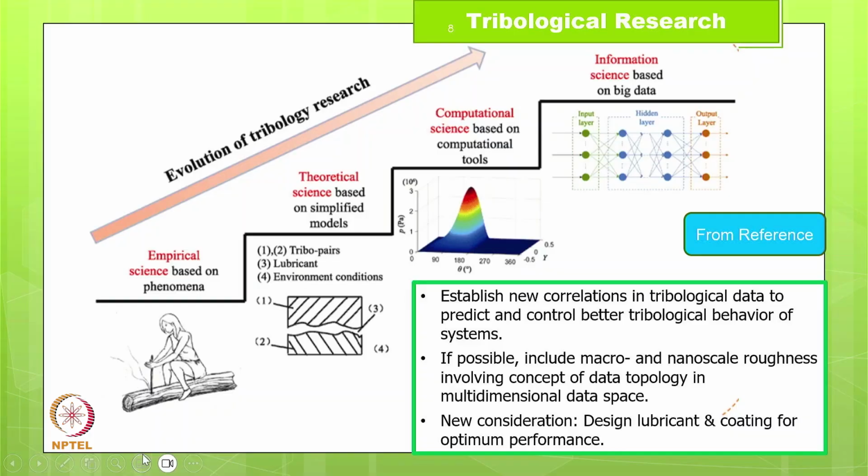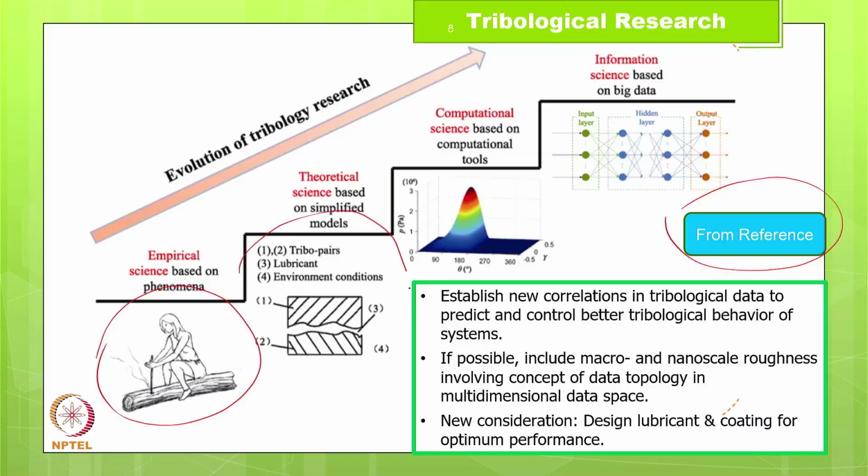Now, again, I picked up this figure from the literature. I found it interesting. Classically, it was empirical tribology; many times even people say that tribology is empirical. You get some data, that's all, no meaning, no basis. However, from 1960 onward, we brought some sort of science into it. We tried to give a relation.